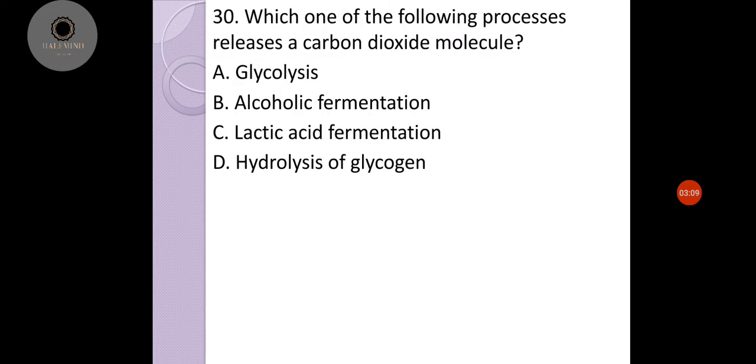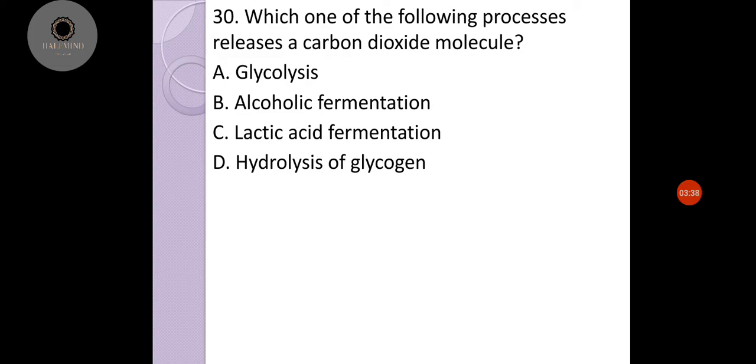Number 30. Which of the following processes releases a carbon dioxide molecule? Is it A, glycolysis, B, alcoholic fermentation, C, lactic acid fermentation, or D, hydrolysis of glycogen? Now remember that cellular respiration also produces carbon dioxide.